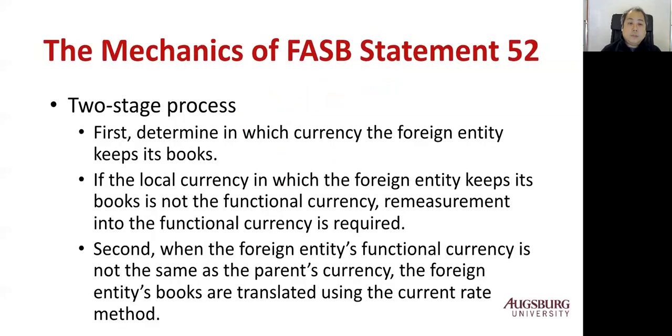And there is a two-stage process here. The first step is to determine in which currency the foreign entity keeps its books. If the local currency in which the foreign entity keeps its books is not the functional currency, remeasurement into the functional currency is required.